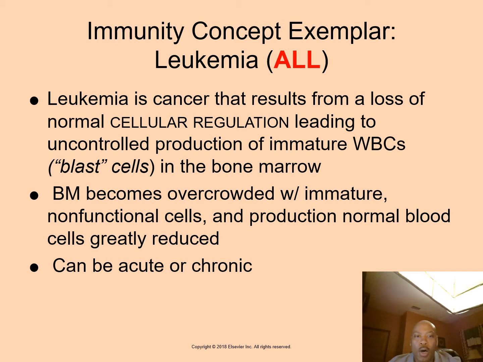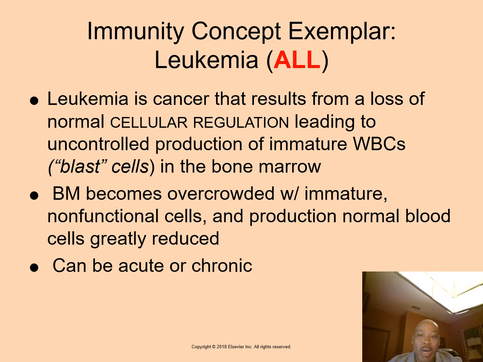So when you think about all the functions that occur within a cell, what happens with these white blood cells, they are immature, and the cellular function that ultimately leads to homeostasis because of all the regulating functions within the cells, they become abnormal. They're not able to function as a normal white blood cell.